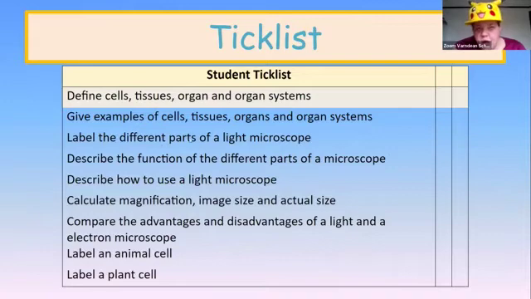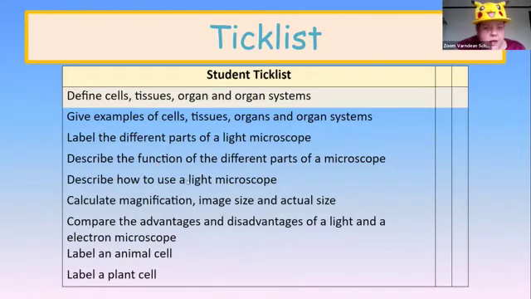You should, and I know you all can do this because you all did amazingly on this last week, label the different parts of the light microscope. So stage, objective, lens, all those bits. And then you are also awesome at describing what they do. Function is the fancy word for what they do. And then how to use it.